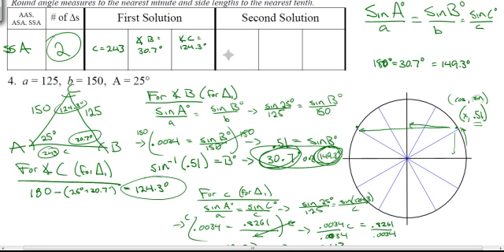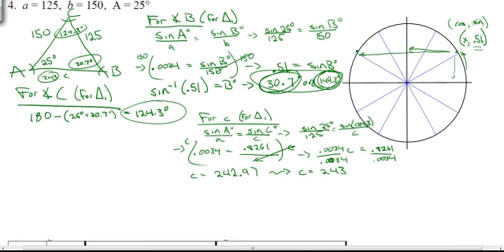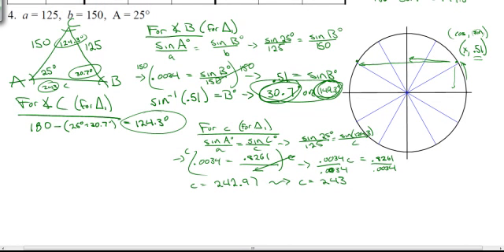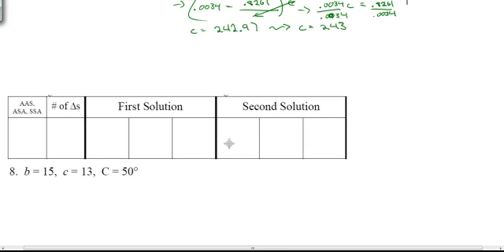But I'm not done. I have to solve again so that I can go ahead and find out what the second triangle is going to be. Now, let me do something here because I did not leave enough room in this example to solve a second time. So let me create some room here.